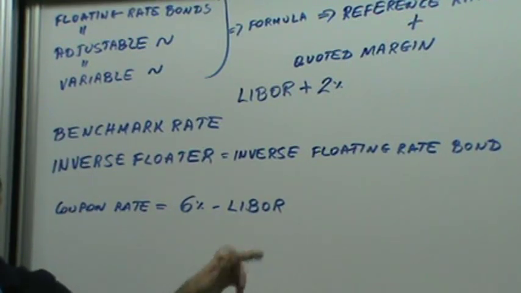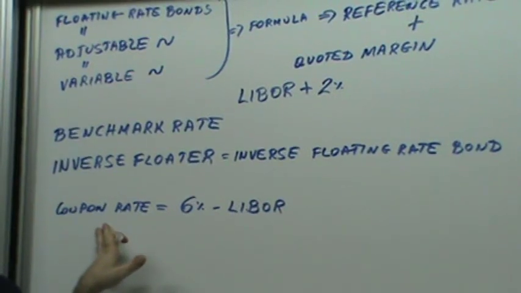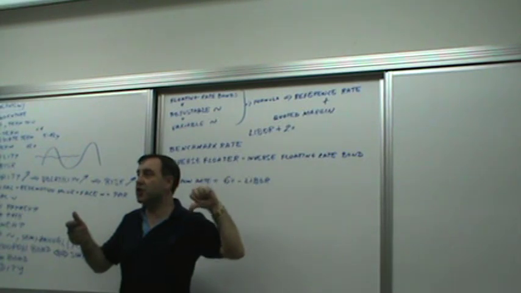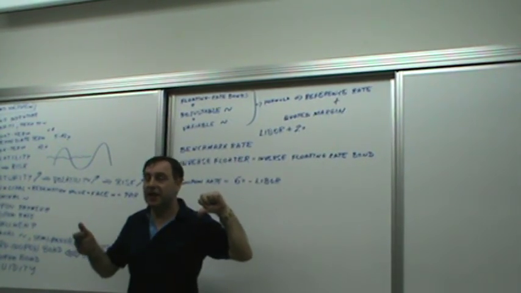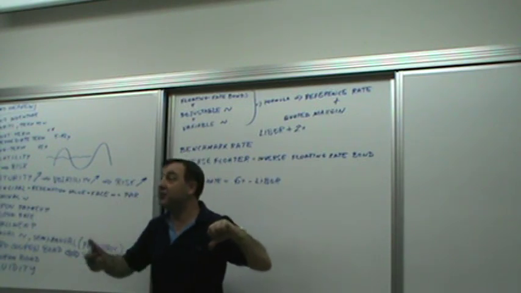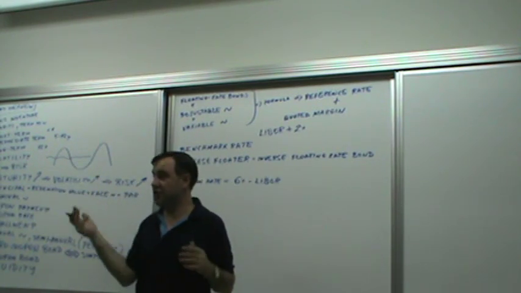If LIBOR is 1%, this is going to be paying 5. If LIBOR goes to 2, it pays 4. If LIBOR goes to 3, it pays 3. And if LIBOR reaches 6, it pays 0.